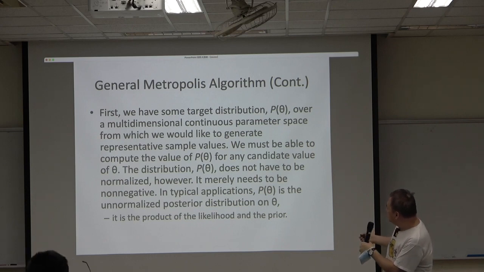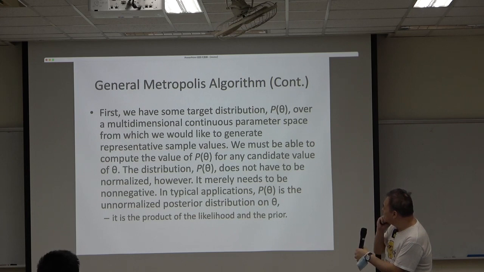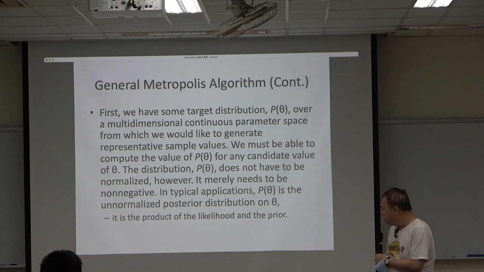First we have some target distribution, P of theta, over a multi-dimensional continuous parameter space, from which we would like to generate representative sample values. Now this situation is much more similar to our posterior distribution case, because the posterior distribution is over a multi-dimensional continuous parameter space.